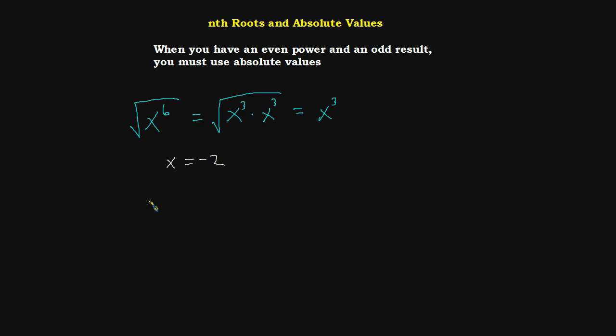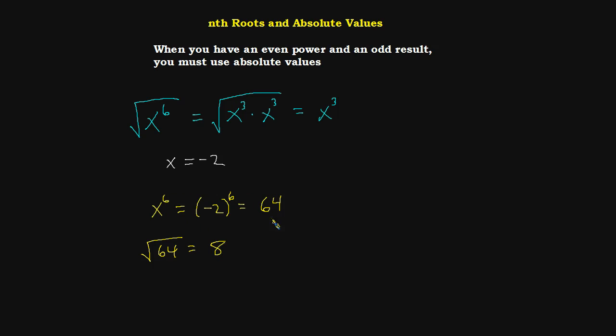If I do x to the 6th, we would put -2 in parentheses and raise that to the 6th power. 2 to the 6th is 64, and when we raise a negative number to an even power, we get a positive result. So this will be positive 64. If I then take the square root of positive 64, what I get is positive 8.